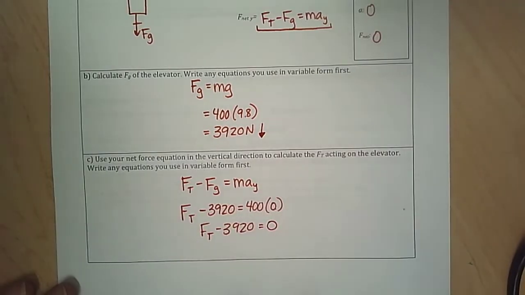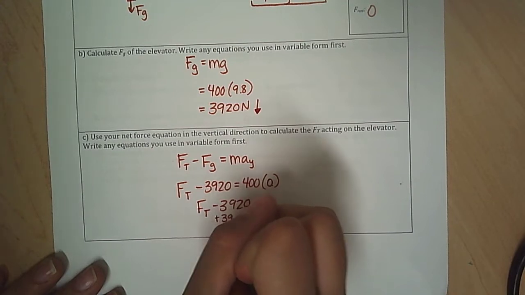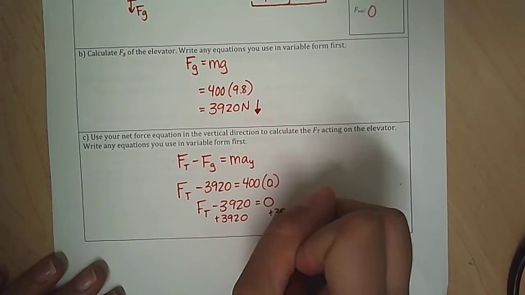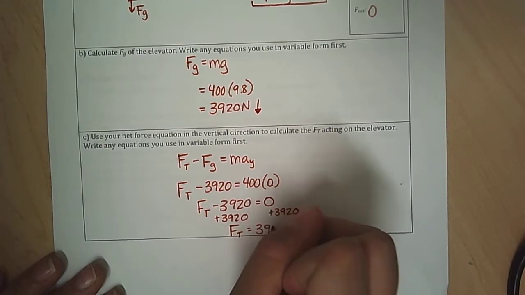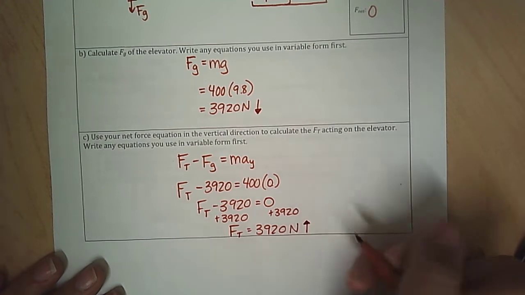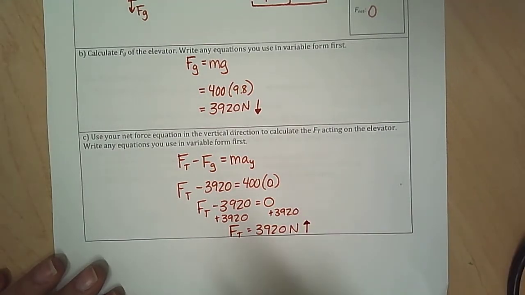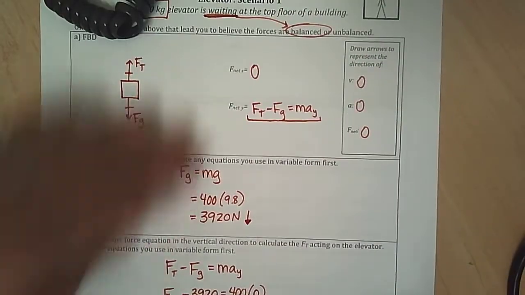Anything times 0 is 0. And then we can add 3920 to both sides. So plus 3920 plus 3920. And you're going to get Ft is equal to 3,920 newtons because it's a force. And then we want to add a direction. Tension is going up. All right, so not too bad. Very similar to what we did before. Let's try the second scenario together.